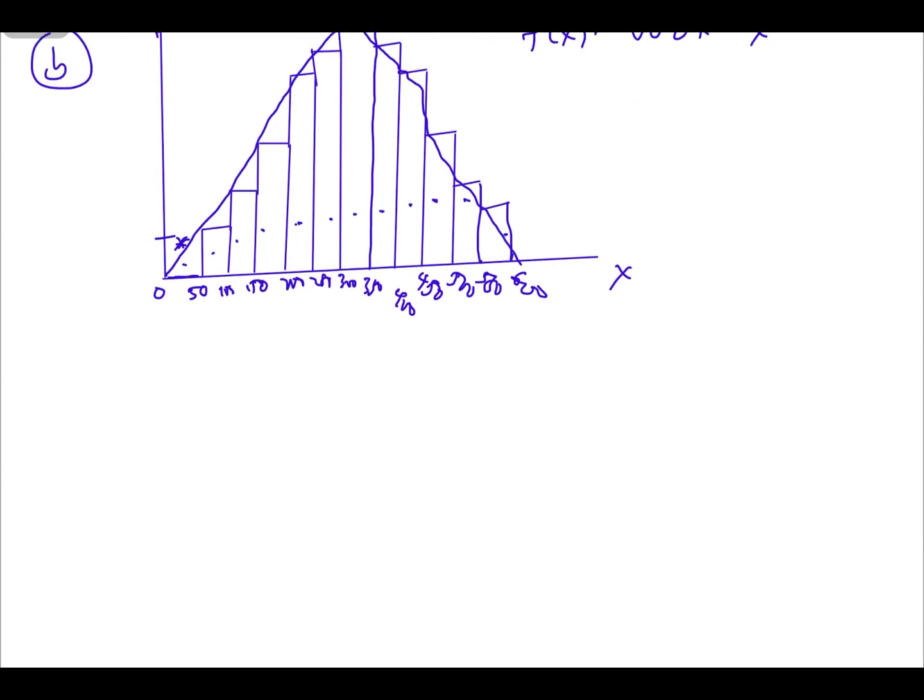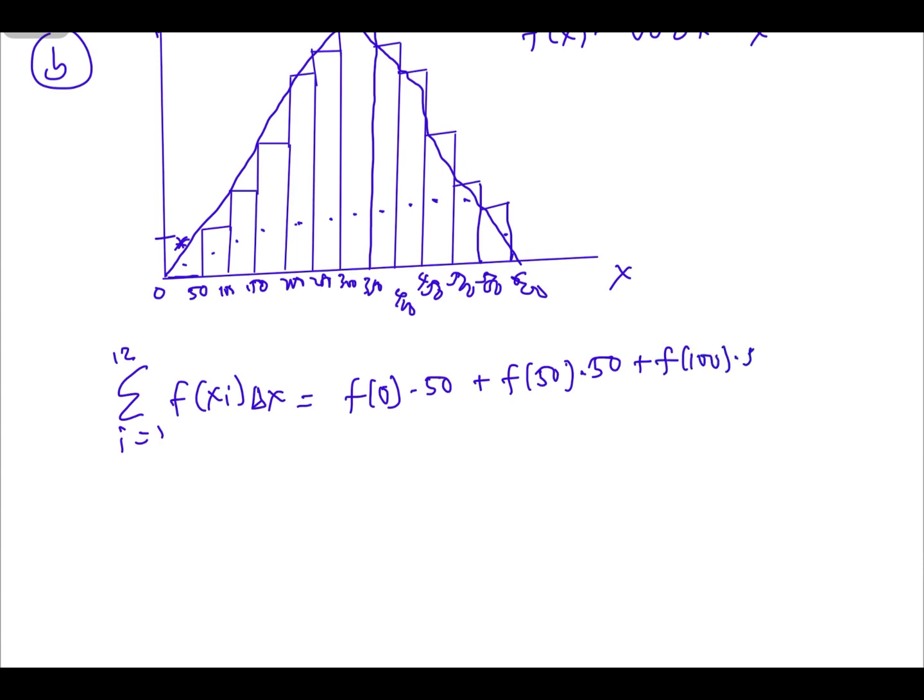So the whole approximation will be the sum from i equals 1 up to 12 of f of x_i times change in x, which equals f of 0 times the interval 50, which is constant, plus f of 50 times 50 plus f of 100 times 50 up to f of 550 times 50.